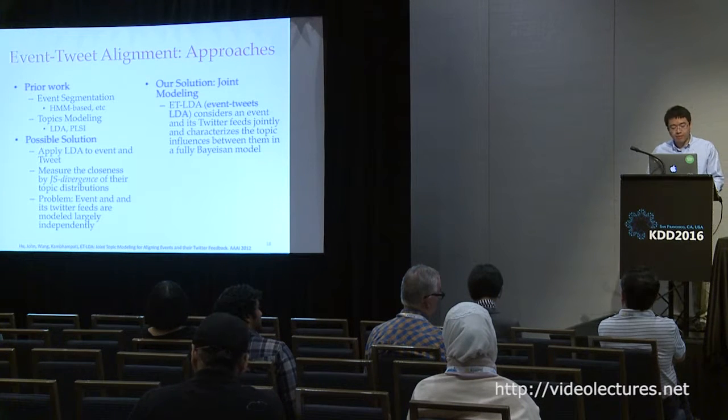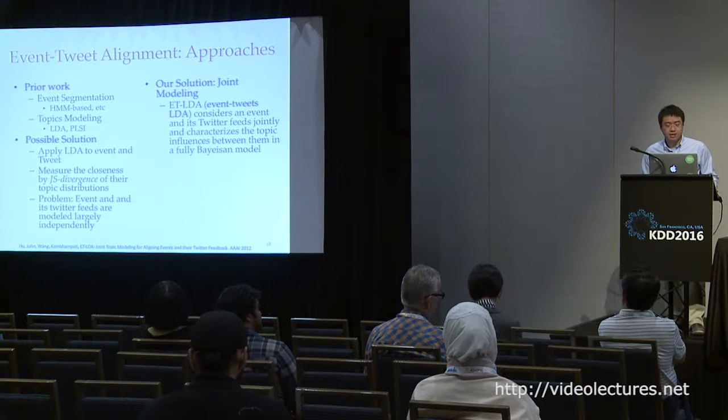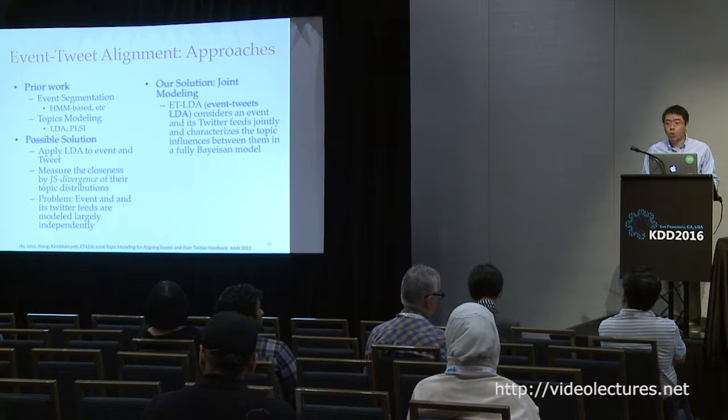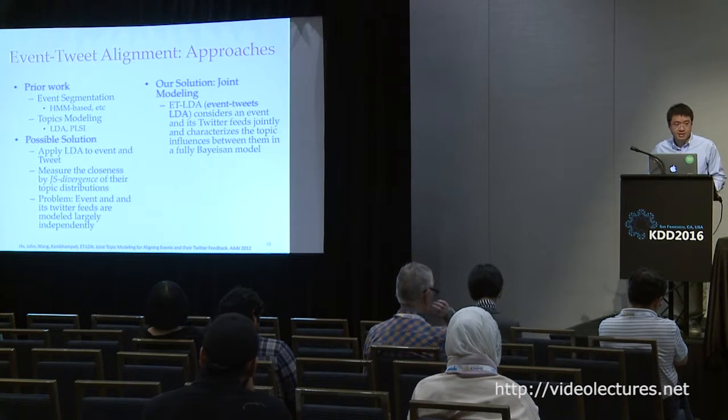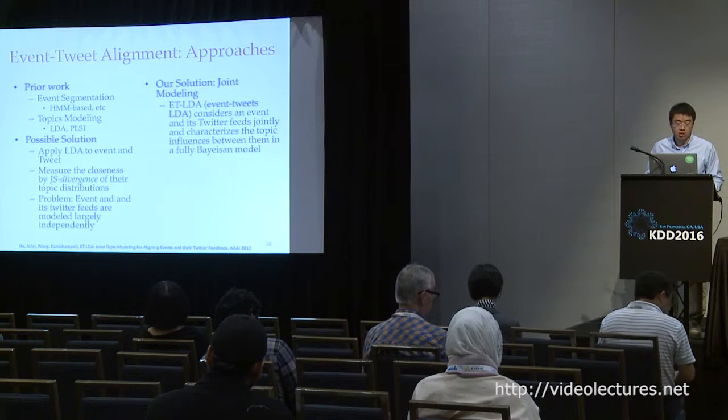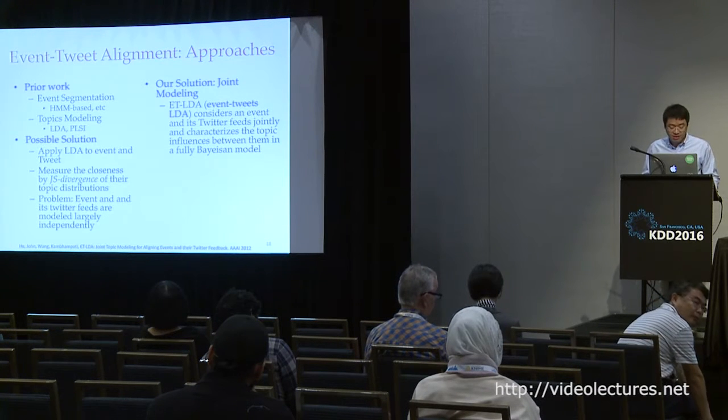As you can imagine, there may be some existing approaches to solve these problems. One possible approach is to apply existing event segmentation tools, such as hidden Markov-based tools, to segment the event.